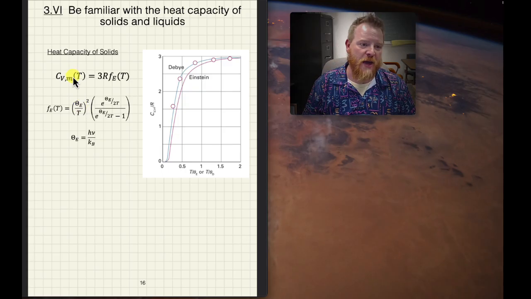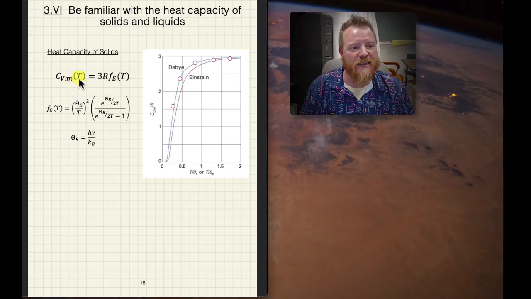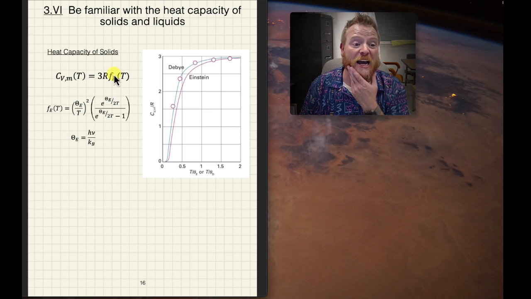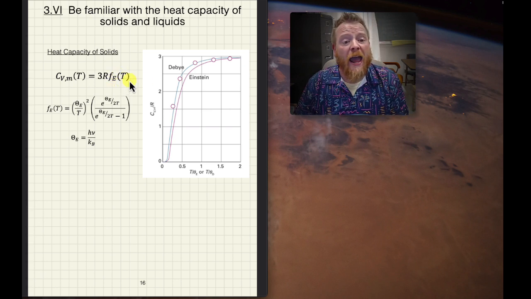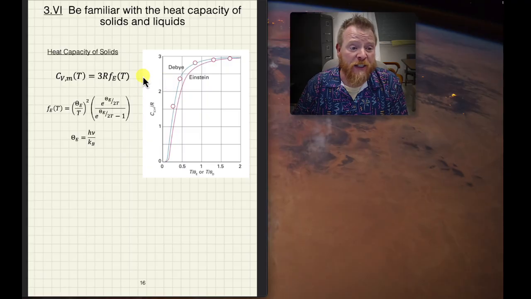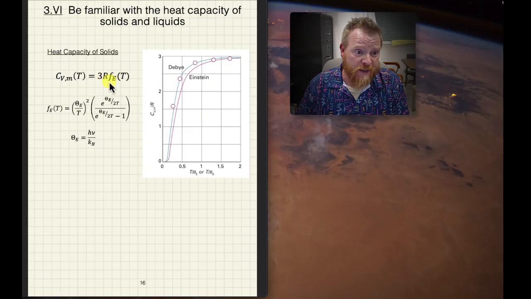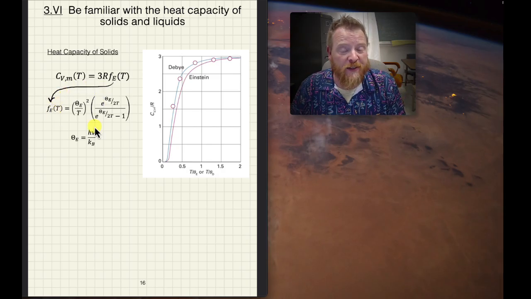So let's do that. Here we can see C_V,m as a function of temperature equals 3R times this other function in temperature, and here is a graph of that relationship. And of course, this function f_E(T) is a really complicated looking equation that you can see right there.